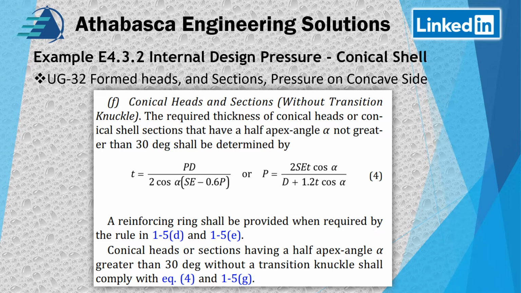Conical heads and sections having a half angle greater than this without a transition knuckle shall follow equations 4-1 and 5(g). So the rule of thumb is, don't exceed that, but if you have to, you can follow those rules. But I typically steer away from them unless the client asks for it.